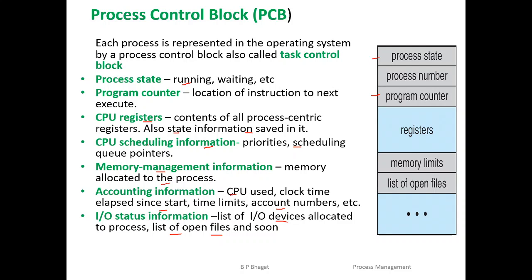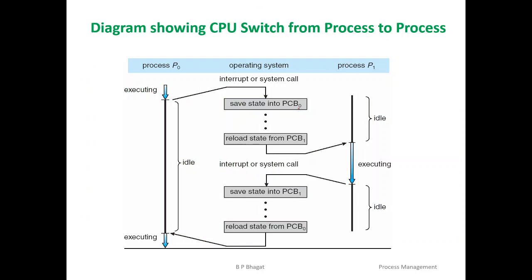Now, whenever the CPU switches from one process to another, that means when there is a context switch, the state information is required to be saved. This can be seen here in the diagram. Say for example we have process P0 and process P1 in main memory, and at this particular location process P0 is executing.